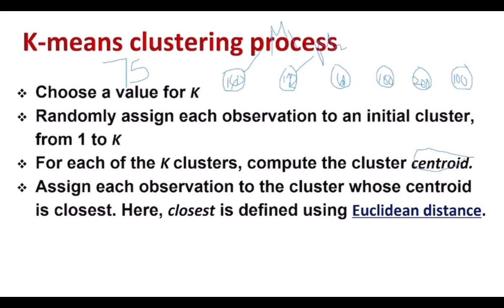After calculating the mean, we assign the observations again. We assign each observation to the cluster whose centroid is the closest. Of course, in statistics, we normally consider the position of an observation relative to the mean.